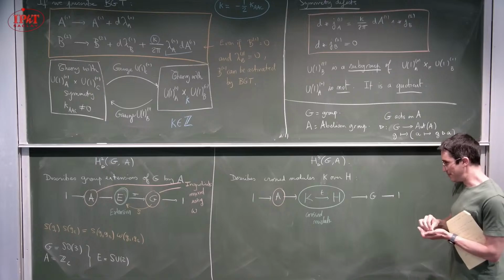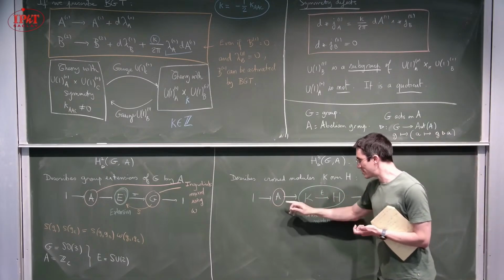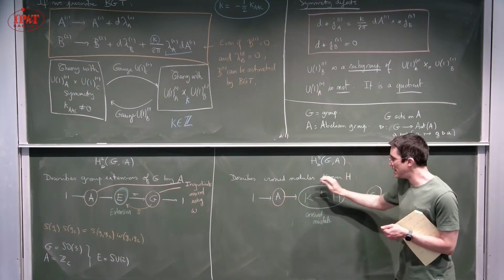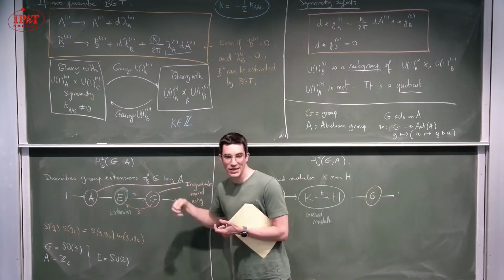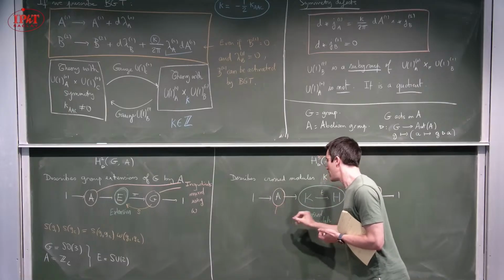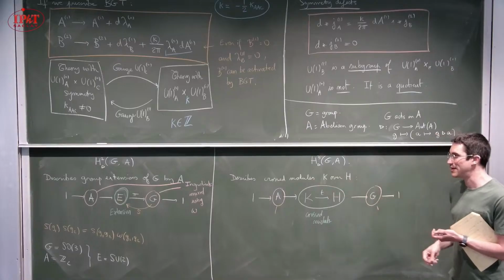But what you should remember, take out of this, that when you have two ingredients like that, you can cook up a more complicated thing out of them in exactly the same way as you can build an extension out of two groups. These are the ingredients, the two ingredients, which are mixed using omega, the same as here.